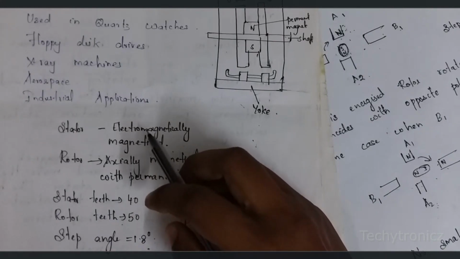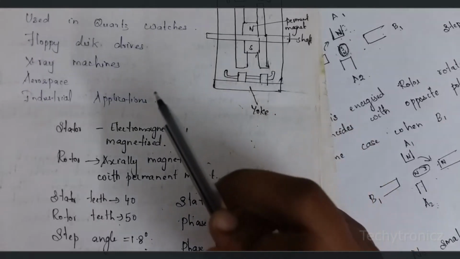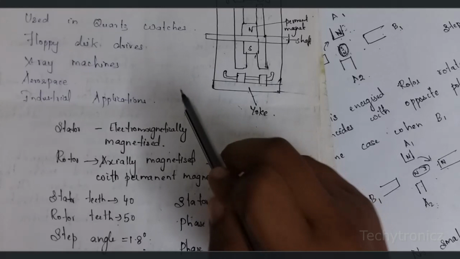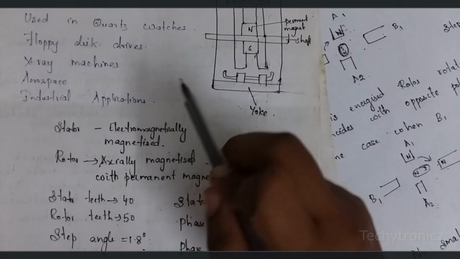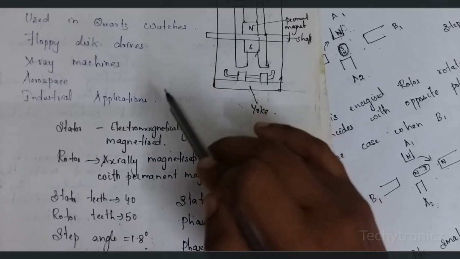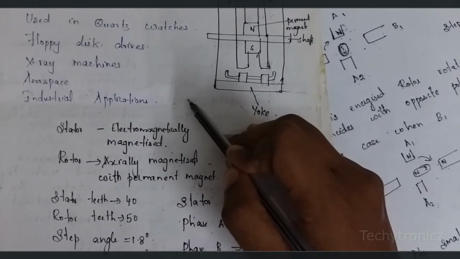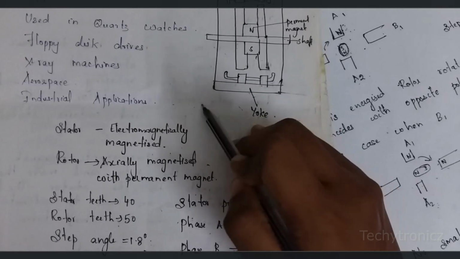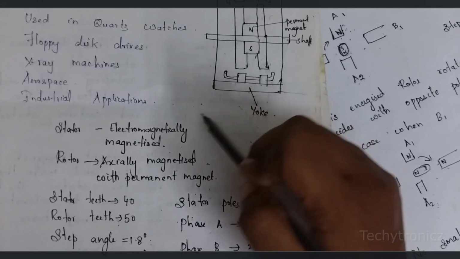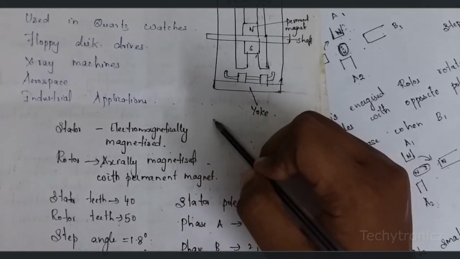For example, in robots, the hands of the robots are moved in the form of some step angle, right? With a particular step angle, the hands and legs are moved forward. Also in industries, in juice companies, for a particular step angle rotation, it rotates for multi-purpose use.